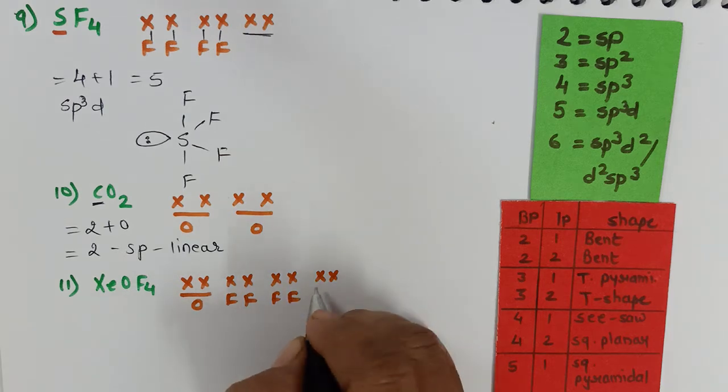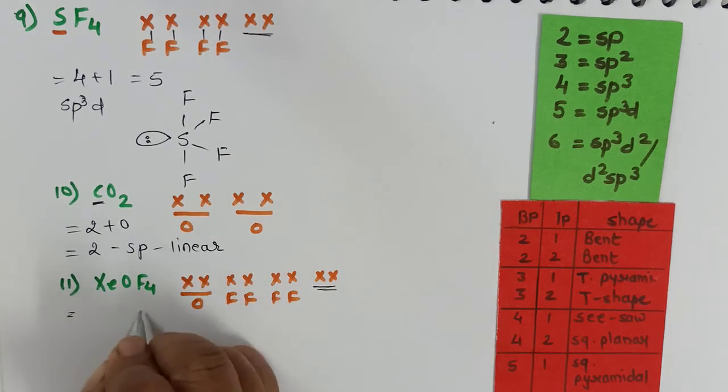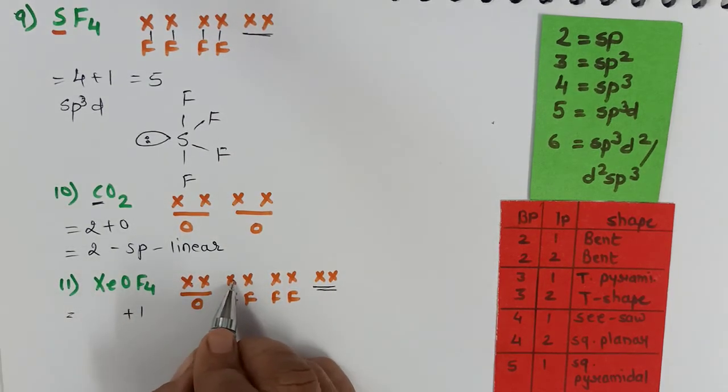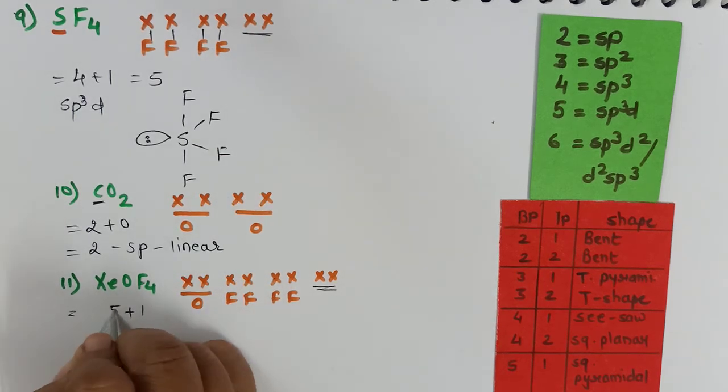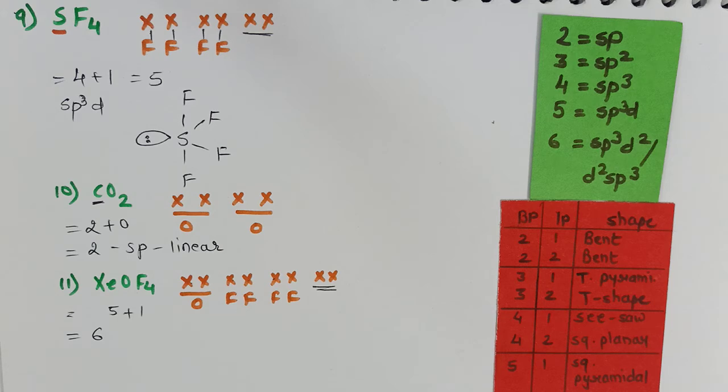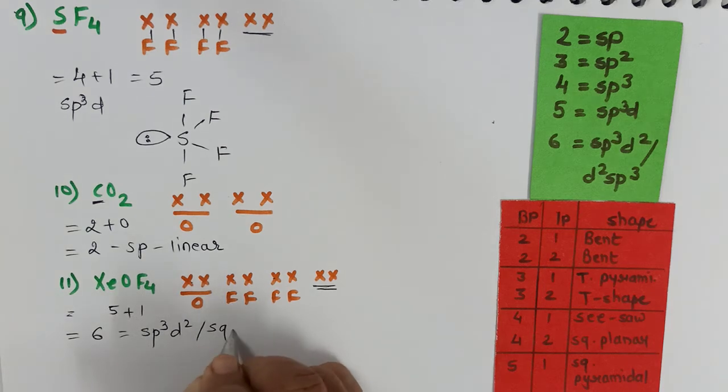So 1 lone pair will be left out and 1, 2, 3, 4 and 5 bond pairs. Sum becoming 6. So it undergoes sp3d2 hybridization, shape being square pyramidal.